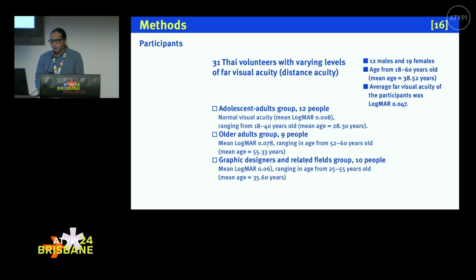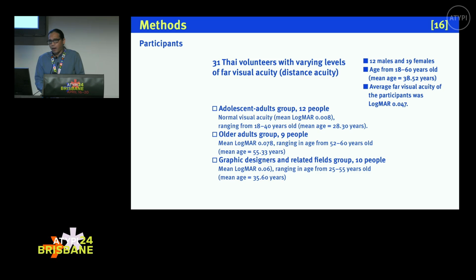About the participants, the study invites 31 volunteers with varying levels of far visual acuity, distance acuity, including 12 males and 19 females, aged from 18 to 60 years old.